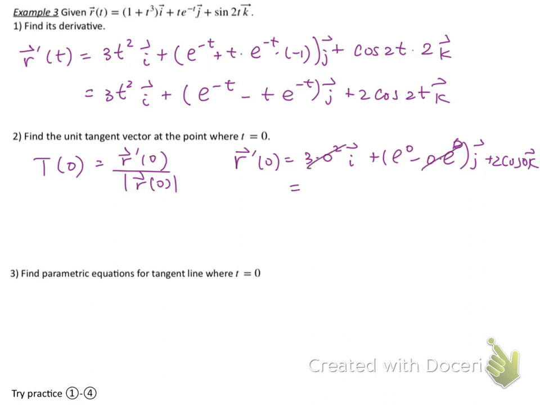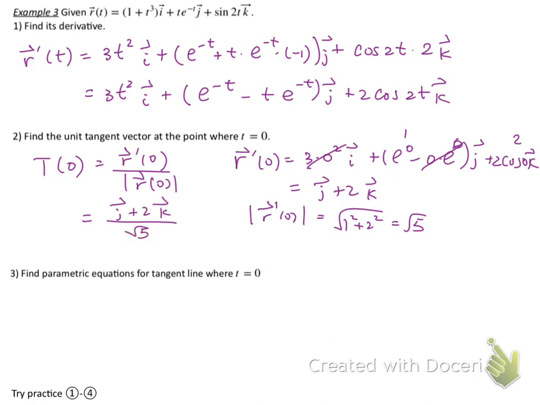So we have j, that's 1, plus 2k. That's our vector. Taking the absolute value gives 1 squared plus 2 squared, which is square root of 5. That means T of 0 is j plus 2k over square root of 5, or 1 over square root of 5 j plus 2 over square root of 5 k.